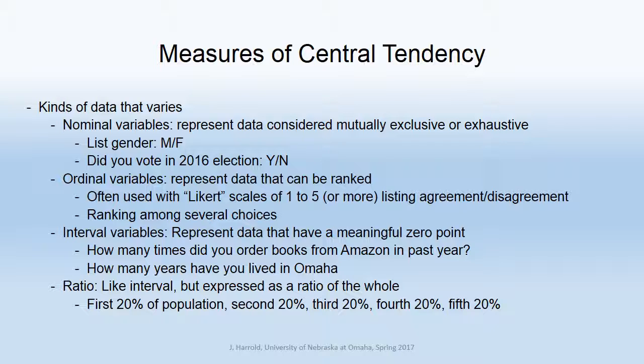It's sometimes good to group things that way in those ratios, for ease of presentation for one thing, but often it allows you to categorize responses into fewer groups. So those are the kinds of data.